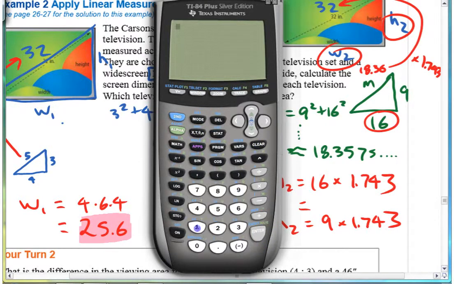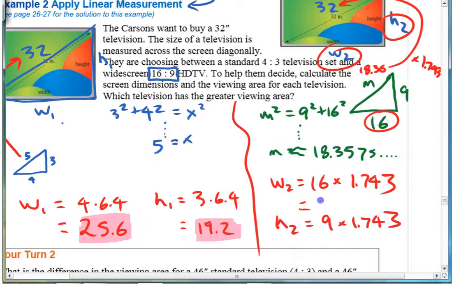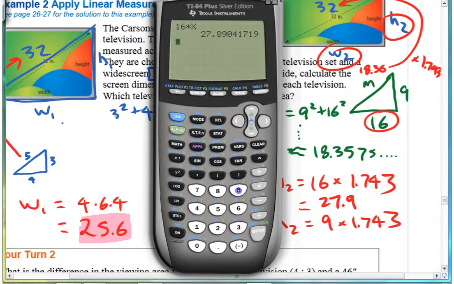All right, so I have 16 times that number that I just stored. So that's the width of the thing, 27.9, roughly. And that height is 9 times x, about 15.69, 15.7.